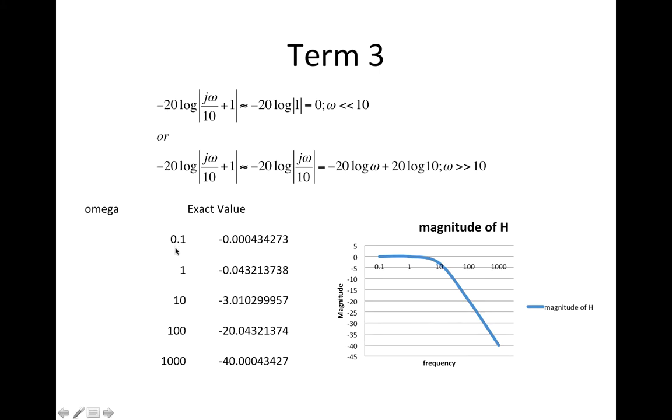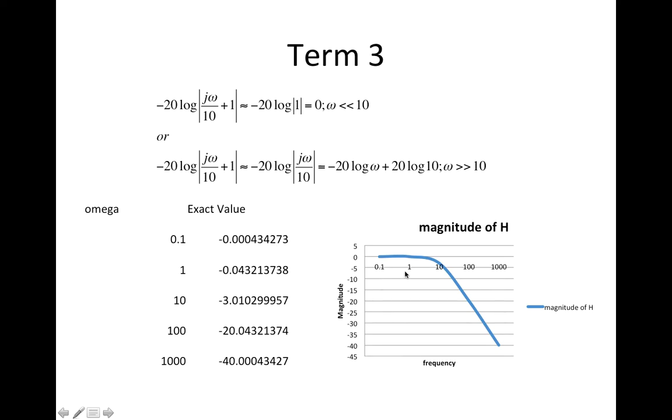So shown in this table here, I just did a little Laplace spreadsheet, and I calculated the exact value, given omega, of what this minus 20 log of this expression would be. And then I plotted it. So here's what the magnitude of H looks like if you plot a smooth curve between these exact values.